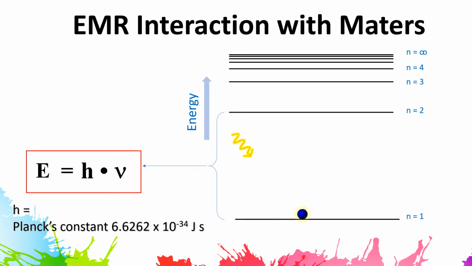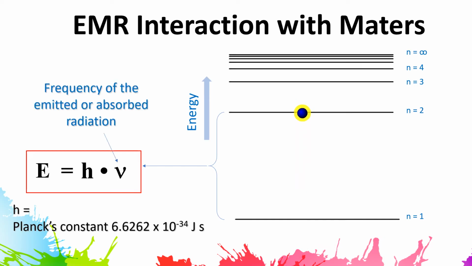So this difference between these two energy levels is E equals h nu, where nu is the frequency of the absorbed or emitted radiation. That is very important to understand in the further study about electromagnetic radiation interacting with matter.